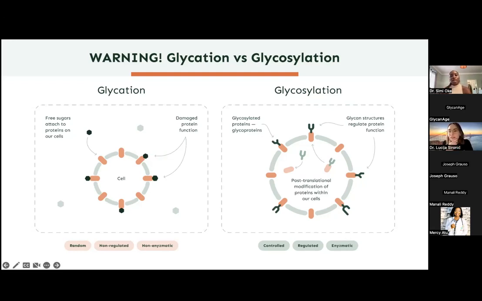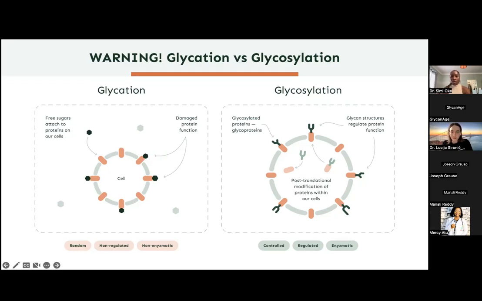I think it's really important to recognize that glycation and glycosylation are two very different processes. HbA1c, which you're mentioning, which is typically used for diabetic patients, is a process of glycation, which is random, non-regulated, and is not what we want. It's not meant to happen. This is typically people eating high levels of sugar, and that sugar damages cells within the body.